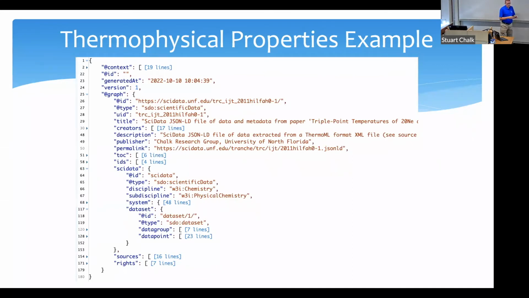And what we did was we said, okay, let's understand this data set from its data structure, and then let's understand how we can put it into SciData to represent that data equivalently in SciData, as opposed to the XML that the TRC provides. We're just about to release 3 papers on this. One talking about the piece of software we wrote to do the conversion.